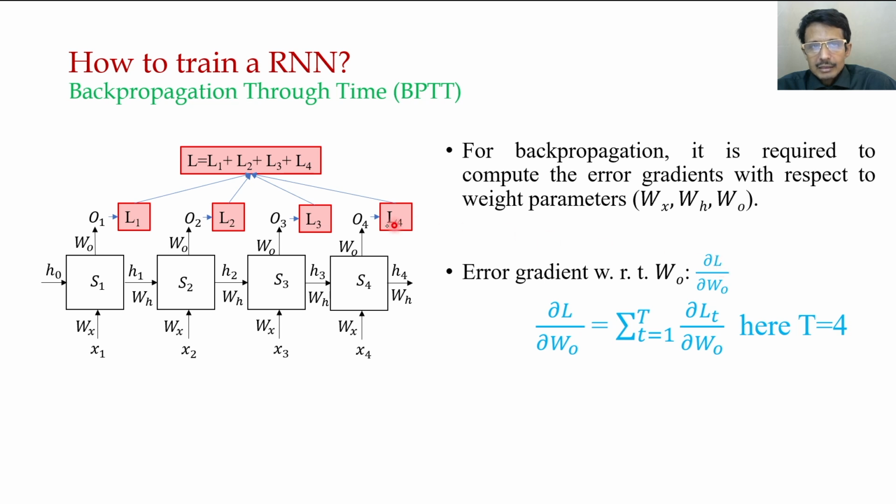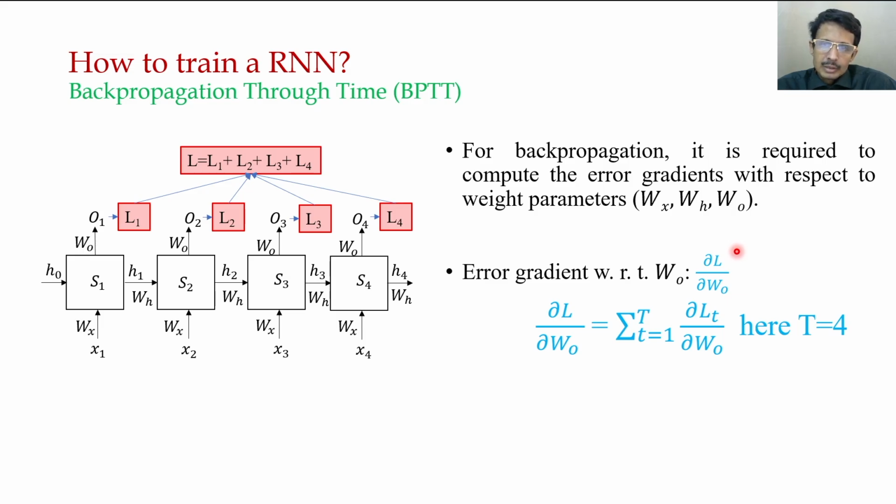Here L is the whole total loss, but we can easily get this in this way. del L / del Wo is equal to the sum from 1 to T, where T is equal to 4, of del L4 / del Wo plus del L3 / del Wo and so on. That is very straightforward. We can easily do it, and if we get it, we can update this weight accordingly as per simple backpropagation rules.